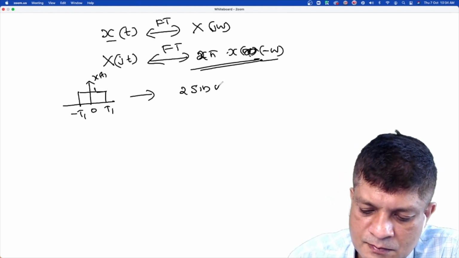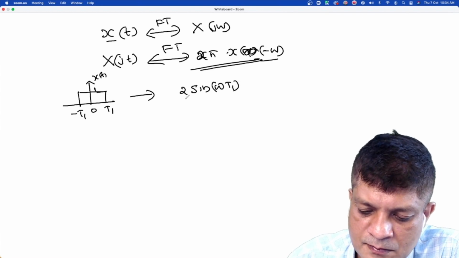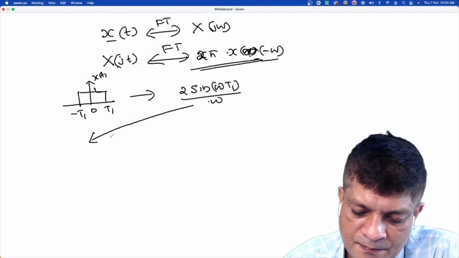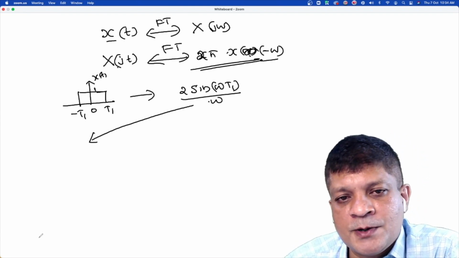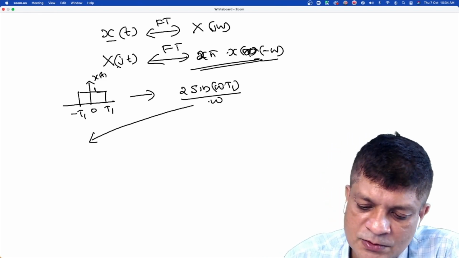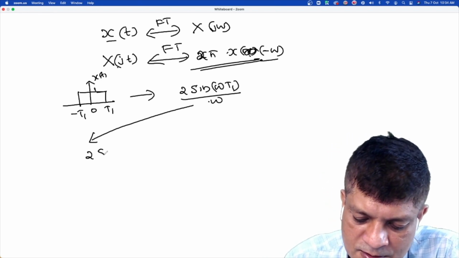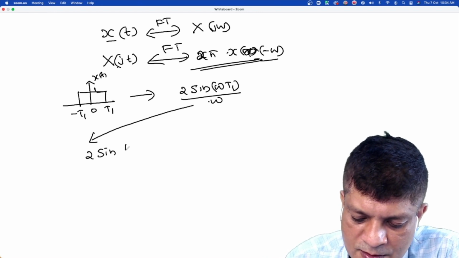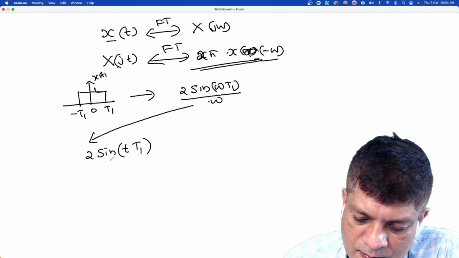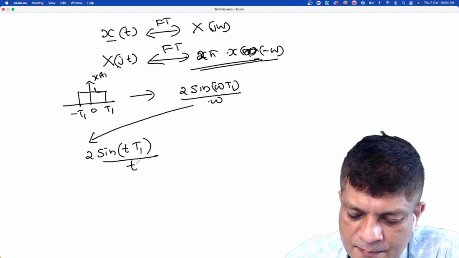It is 2 sine(omega t1) by omega. Consider a signal of this shape in the time domain. That means you replace omega with t. Consider this signal, 2 sine(t t1) by t, isn't it?